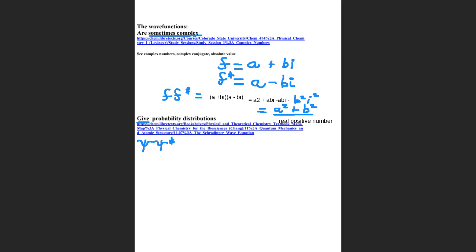And psi times psi star, the wave function times its complex conjugate, is a probability distribution function.